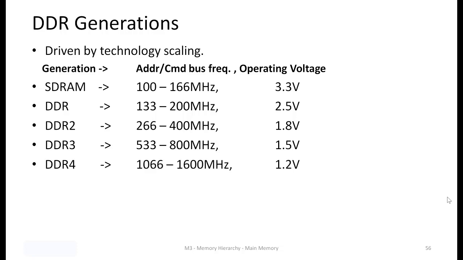What we are currently using widely is DDR4, and the typical memory frequencies are somewhere between 1 to 2 gigahertz, and the operating voltage is 1.2 volts. DDR5, which can go up to 3.2 gigahertz and operate at 1 volt, is currently under development. We would see these DDR5 based DIMMs sometime in 2023 onwards.